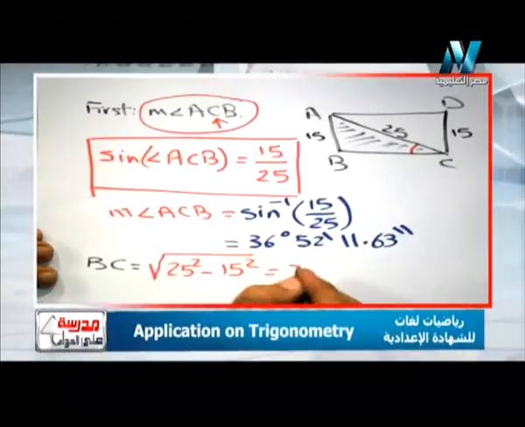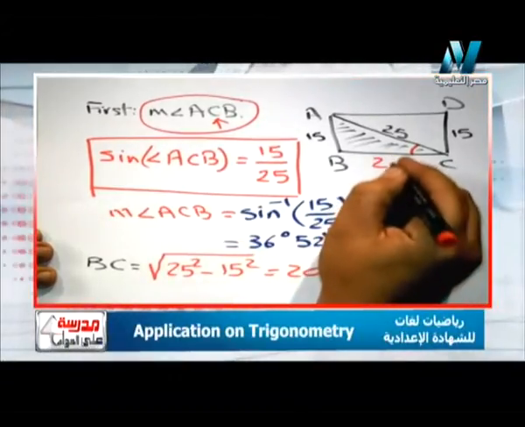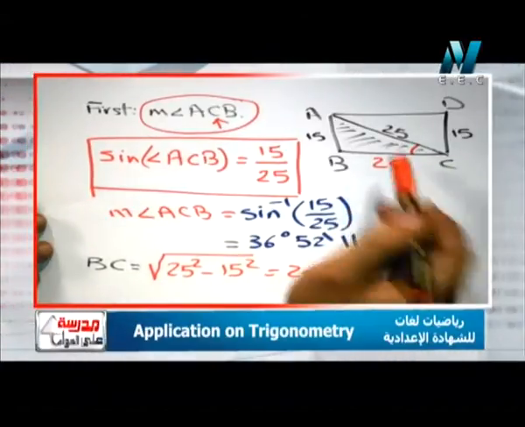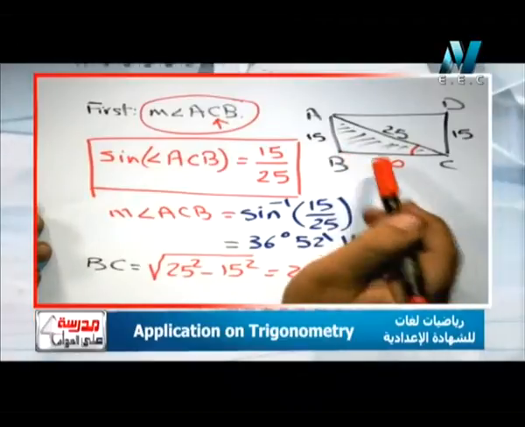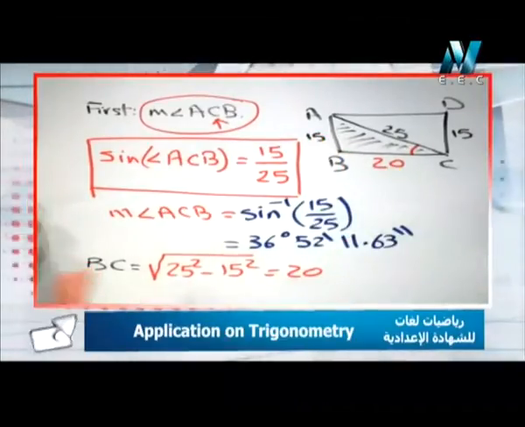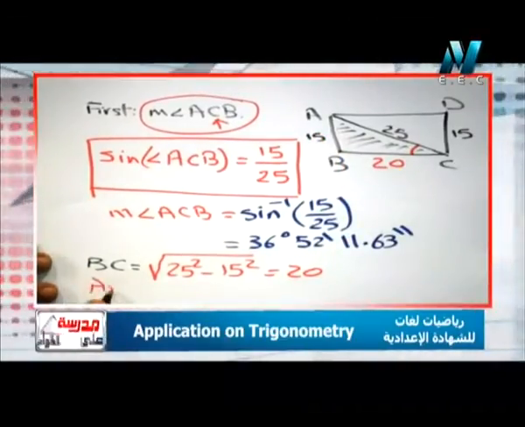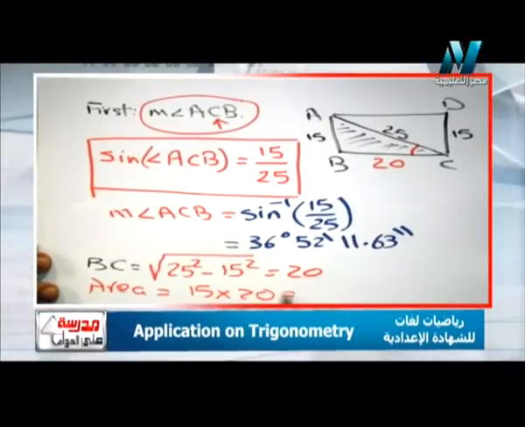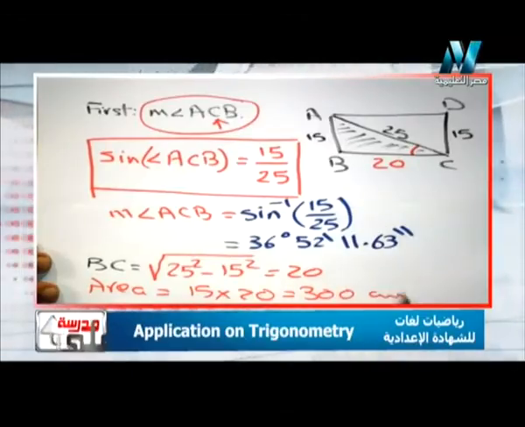So BC is 20 centimeters. The area of this rectangle is length times width, so 15 times 20. Area equals 15 times 20, and the answer is 300 centimeters squared.